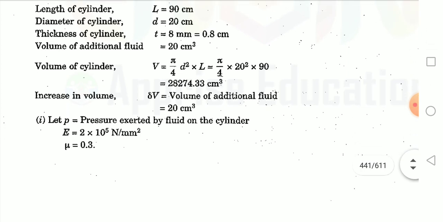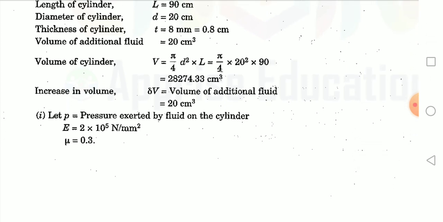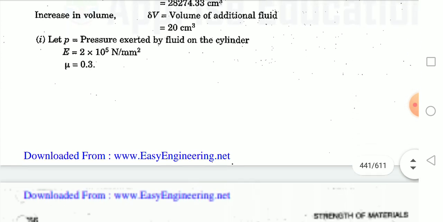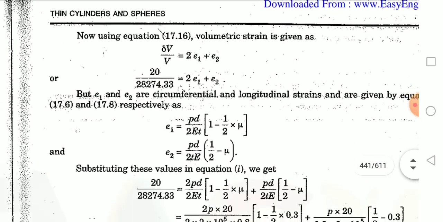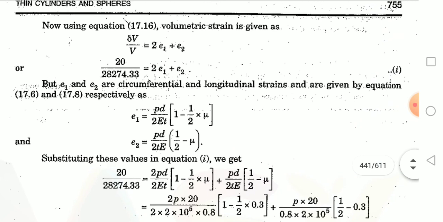The E value is given, that is 2 into 10 power 5 Newton per mm square, mu as 0.3. So we know the formula: volumetric strain equals change in volume by original volume, that is equal to 2E1 plus E2. So change in volume is 20 and the original volume calculated is 28274.33, that is equal to 2E1 plus E2.